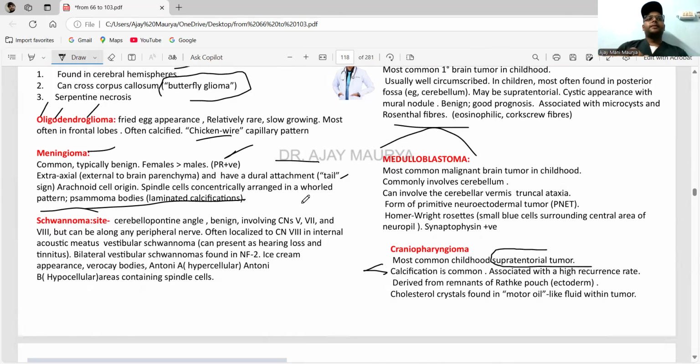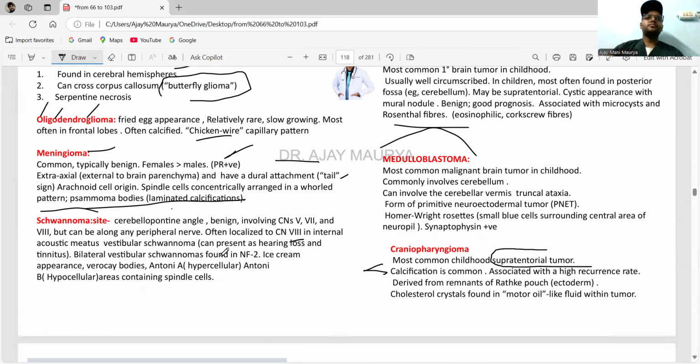At the cerebellopontine angle, it is a benign tumor involving cranial nerves 5, 7, 8. Mainly it involves the 8. Often it is localized to cranial nerve 8 in the internal acoustic meatus.